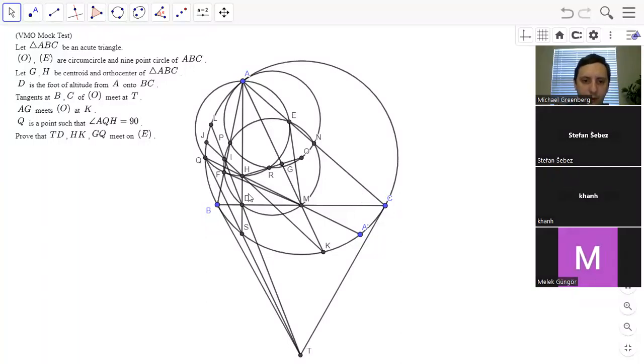Basically I want to try to calculate the angle between HK and BT. So HK.